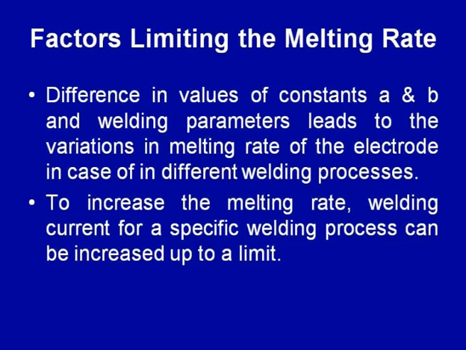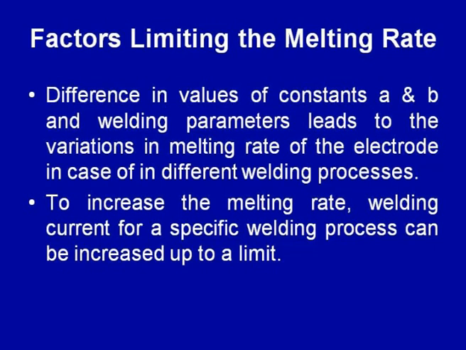So, why can't we just increase the welding current to increase the melting rate as per our requirement? There are certain factors that limit the use of either low current or high current, and these factors limit the rate of melting of the electrode which can be used during welding for a given electrode size or a given welding process.